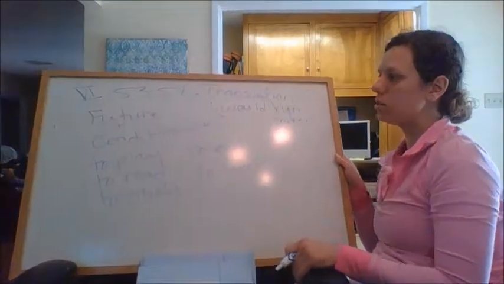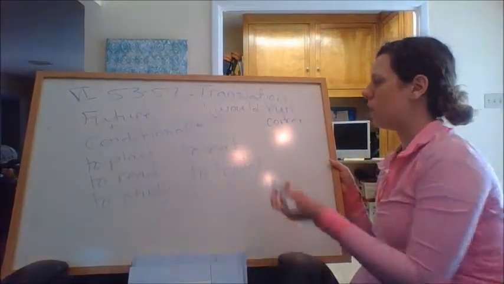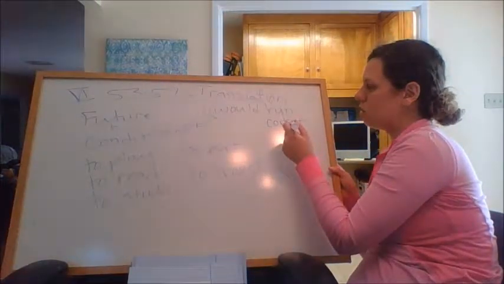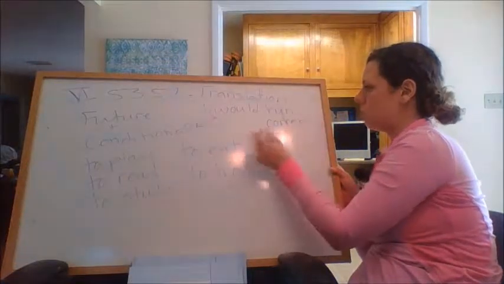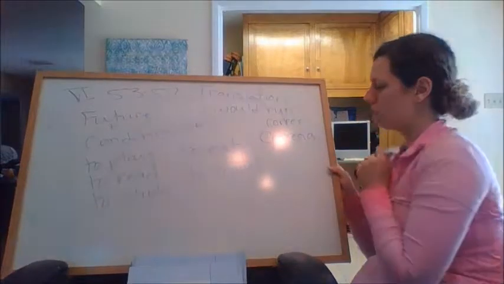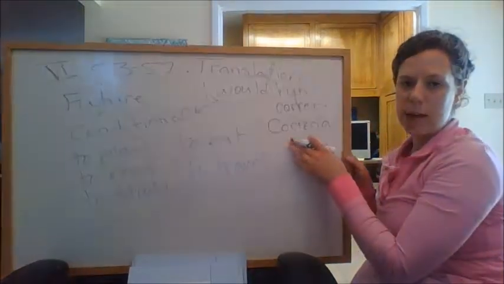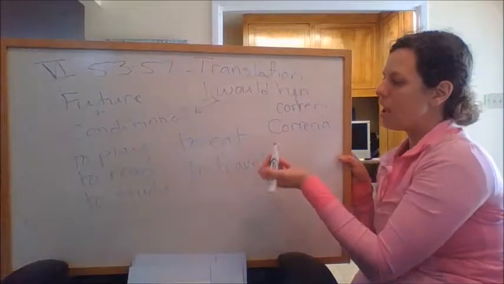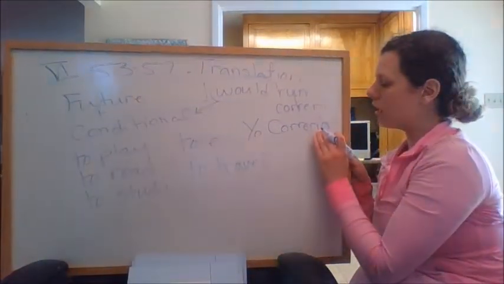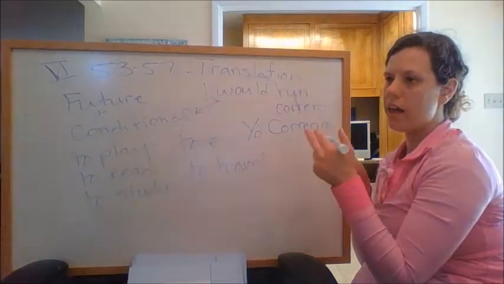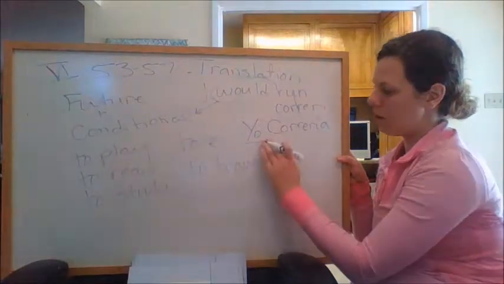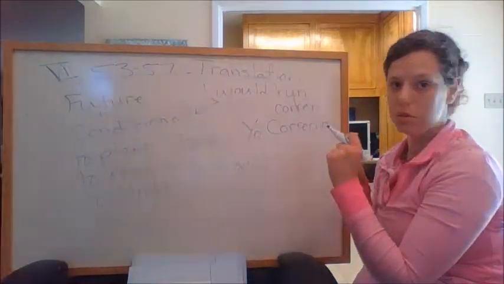For our conditional endings, it's ía, ías, ía, íamos, ían. So we would say correría. In this case, I'm okay if you leave out the subject pronoun. It would be better to include it just because ía can be the ending for yo, él, ella, and usted. So it's better to include the subject pronoun, but I don't think I would count it wrong unless I was in just a really bad mood.